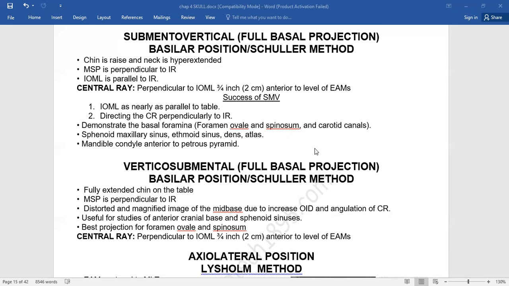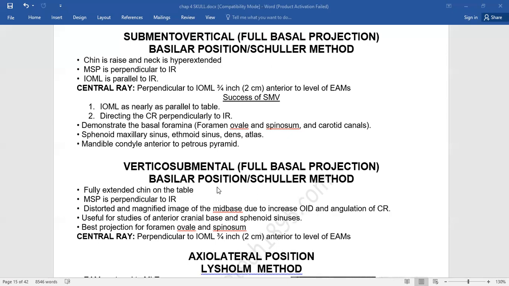The opposite of the submental vertex or submental vertical projection is the vertico-submental. The VSM is the opposite of SMV. It is also referred to as the full basal projection, basilar position, or Schuller method. The difference is that the entrance and exit of the central ray are opposite.